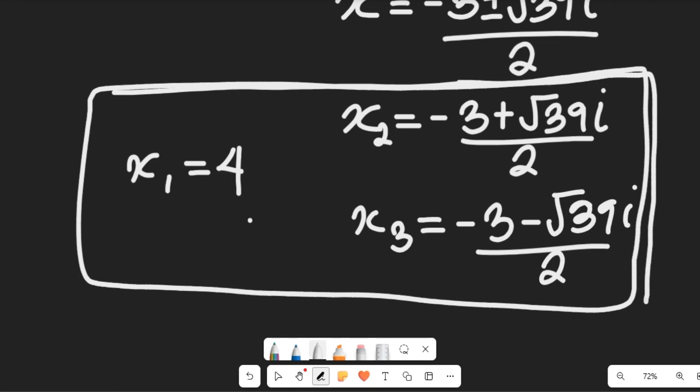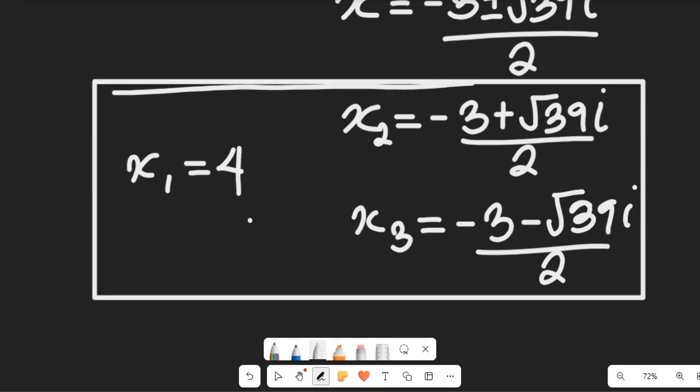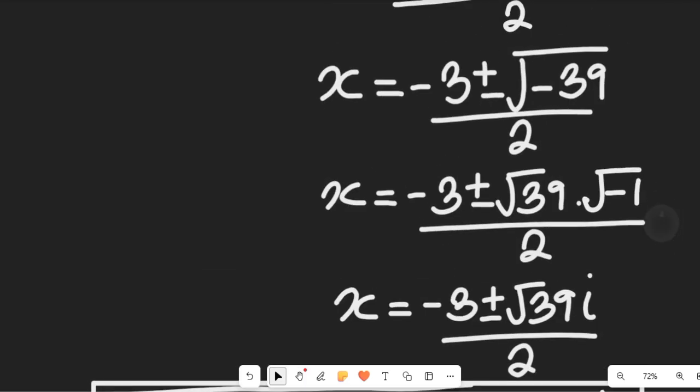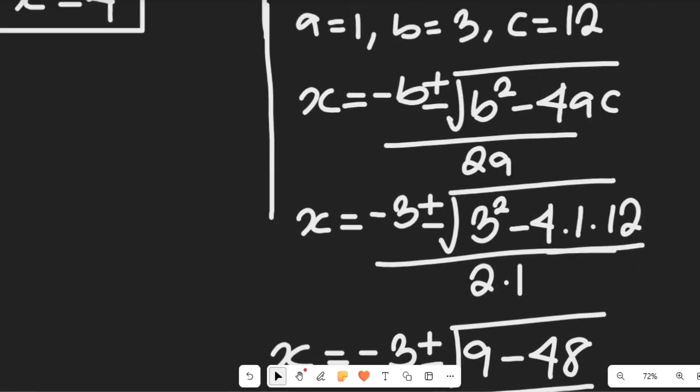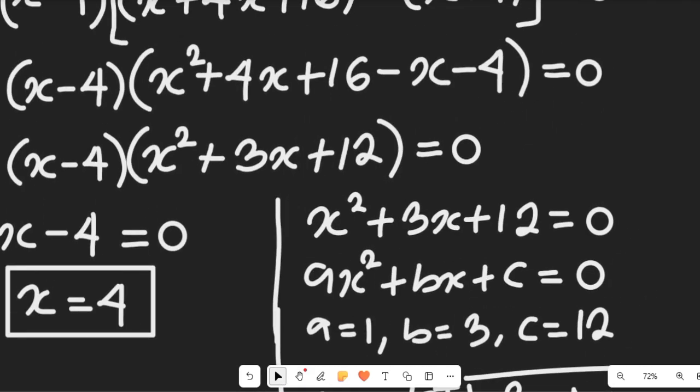We have one real solution and then two imaginary solutions. And this solution gives us the answer to the mathematical expression given to us up there.